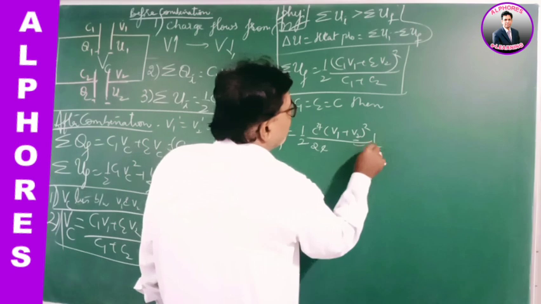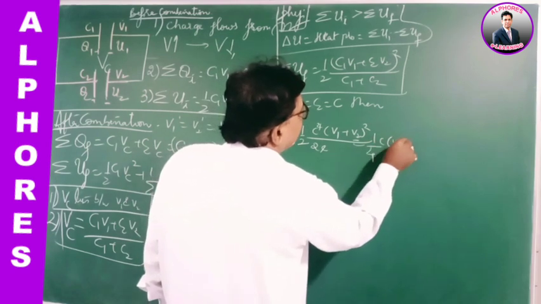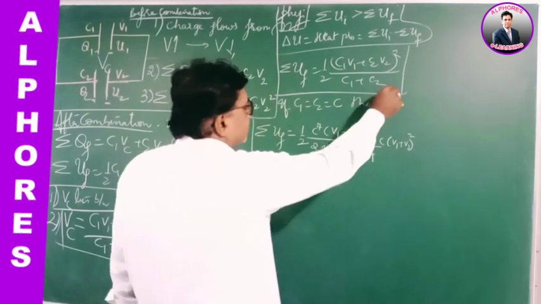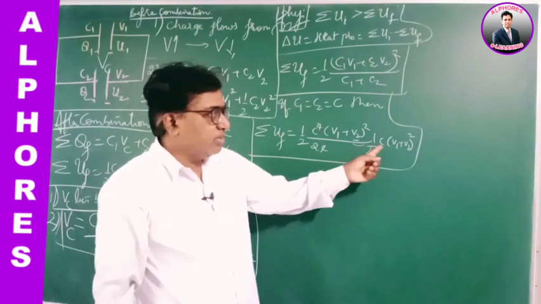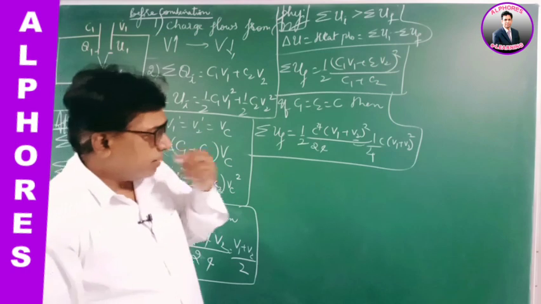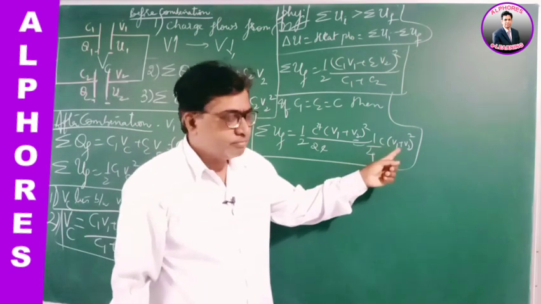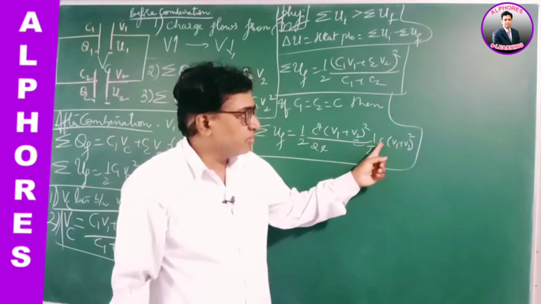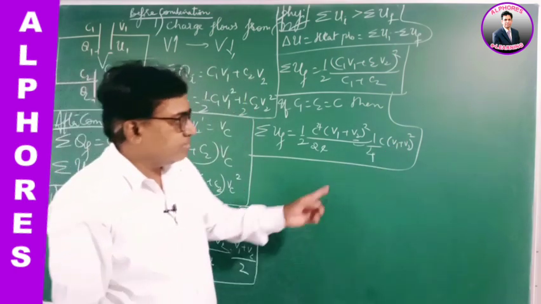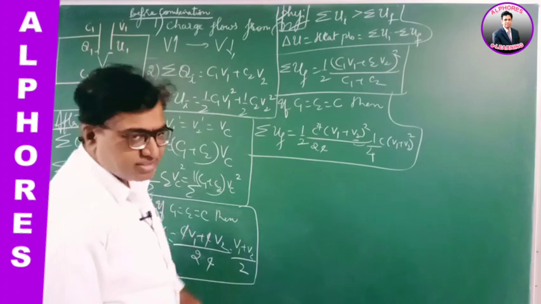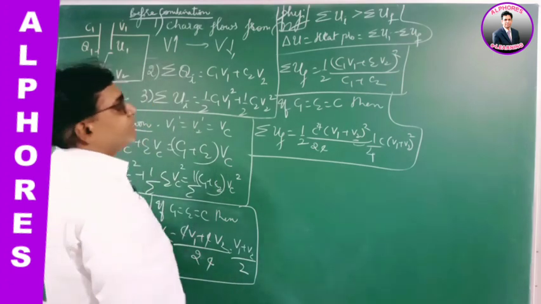So this becomes 1 by 4 C of (V1 + V2) whole square. If the capacitors are equal, the final energy will be 1 by 4 of C (V1 + V2) whole square. This way you can find out. So that is the final energy.